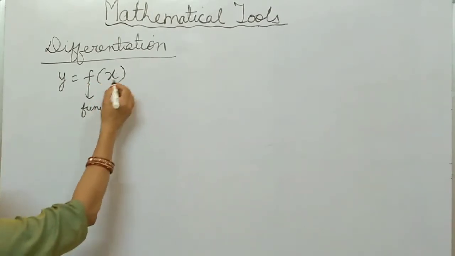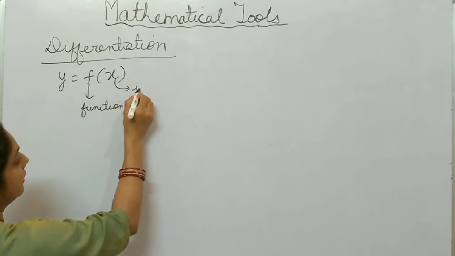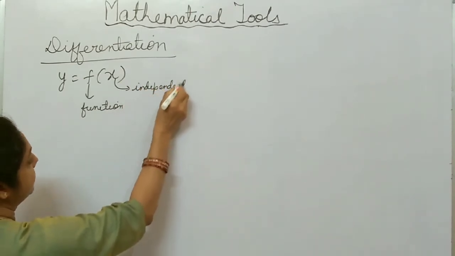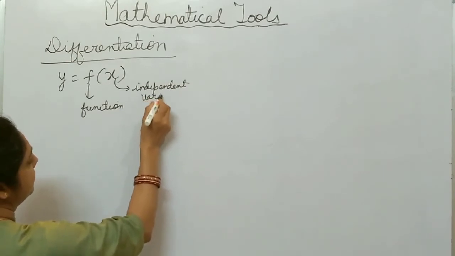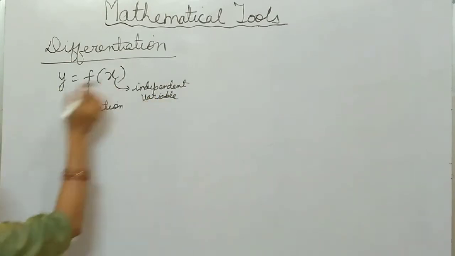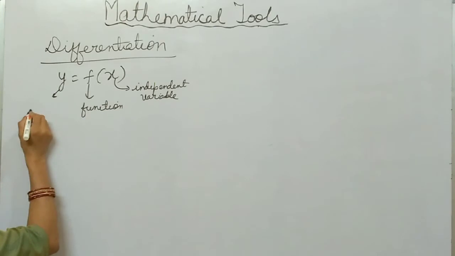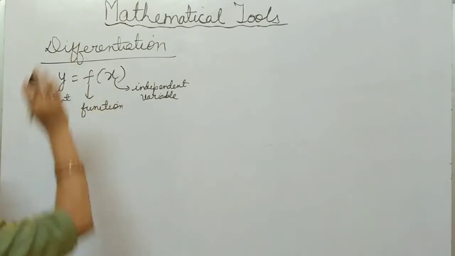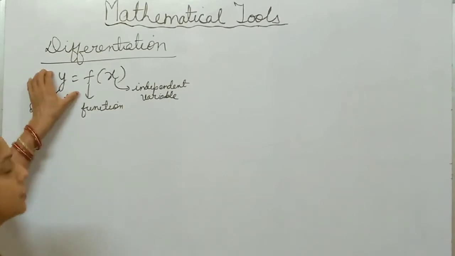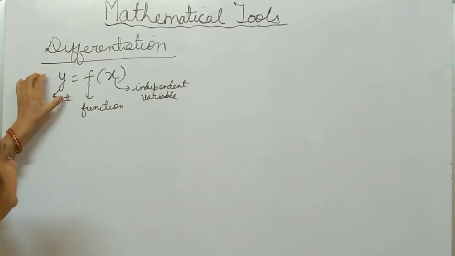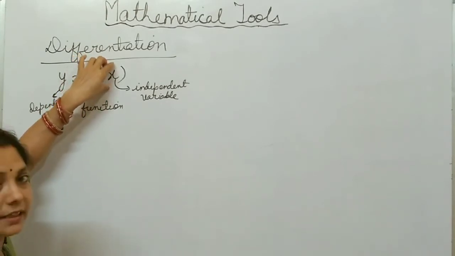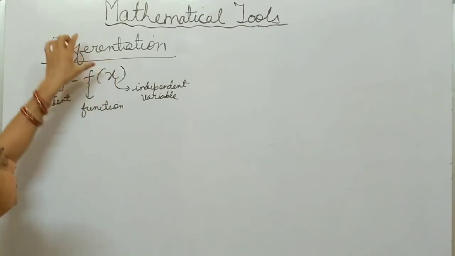It means x here is the independent variable. It can take any value, right? And y depends on x. y is the dependent variable. If the value of x changes, y also changes, right? And how this y changes with respect to x, that is differentiation.